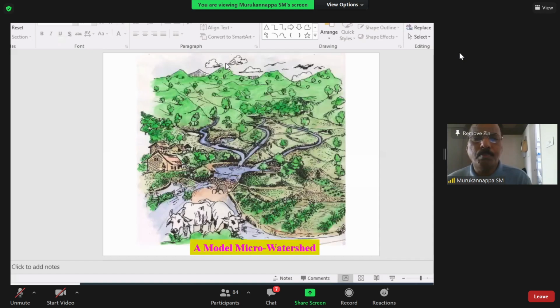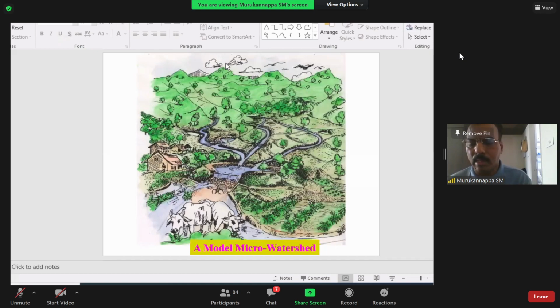That means one is the area which is cultivated, the arable land, and another is where the area is not suitable for cultivation, that is non-arable land. And whatever gullies or nalas are flowing in a given area, we can say it is a drainage line.